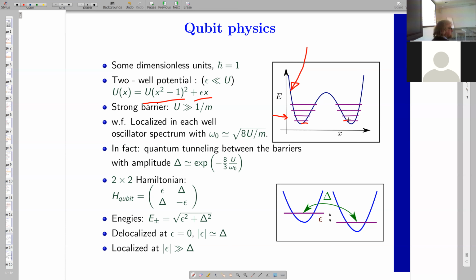Even for the lowest levels, I will have some quantum tunneling through this barrier. Here it is. One can find it by solving approximately the Schrödinger equation for this barrier.